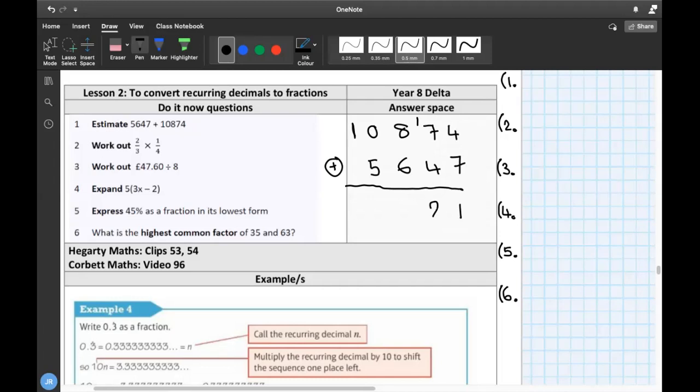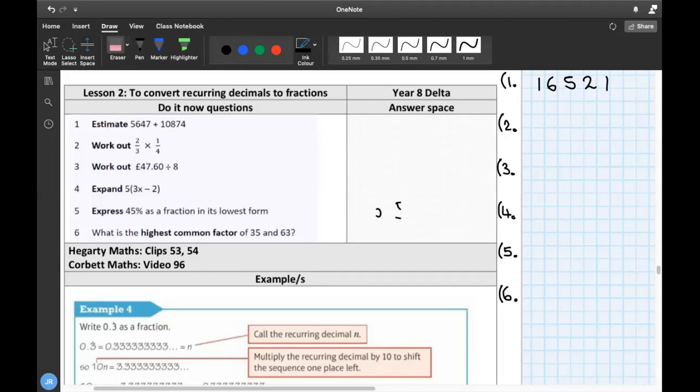Then you've got 12, carry the 1. Then we've got 15, carry the 1. 6, and then 1 add nothing will be 1 still. Okay, so we've got 16,521.